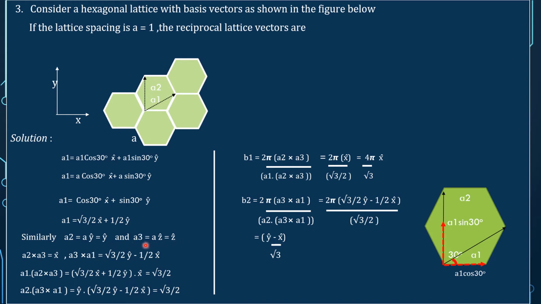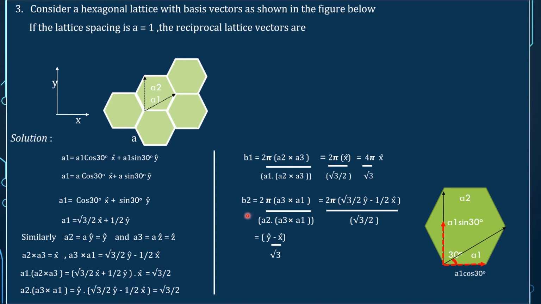So now the equation to find the reciprocal lattice vectors: b1 is equal to 2 pi into a2 cross a3 divided by a1 dot a2 cross a3, and b2 is equal to 2 pi into a3 cross a1 divided by a2 dot a3 cross a1.